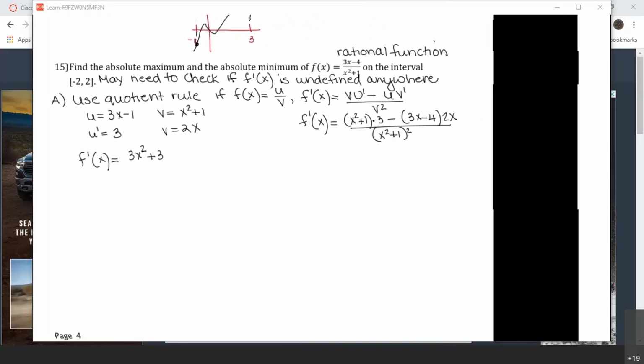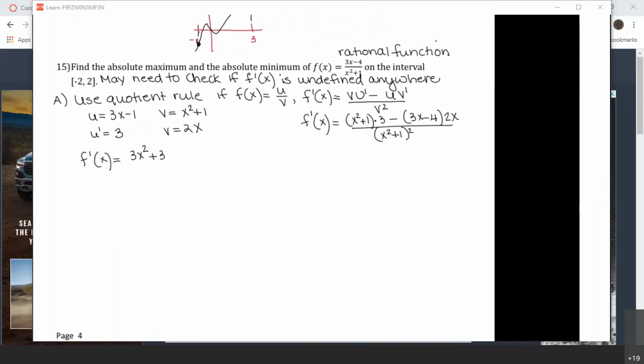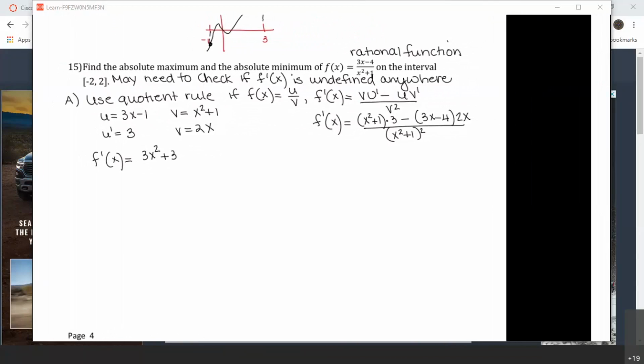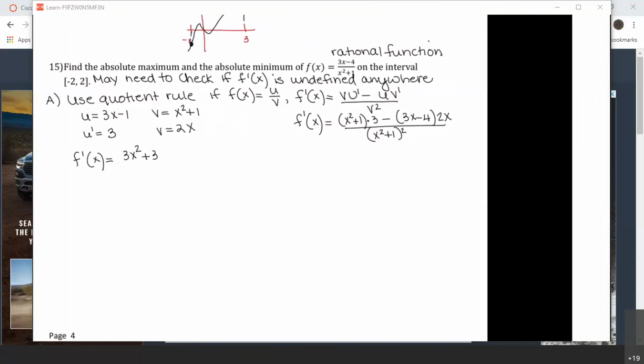Okay, and then I'm going to multiply everything in the second set of parentheses by 2x. Okay, but remember, you've got a minus sign out here. Okay, so basically you can think of it as multiplying each thing by -1 times 2x or minus 2x.